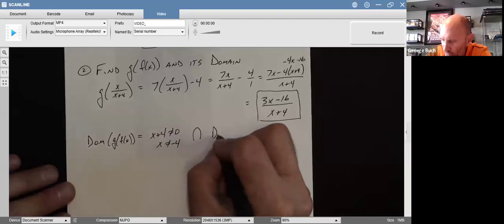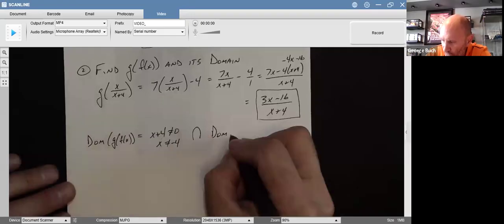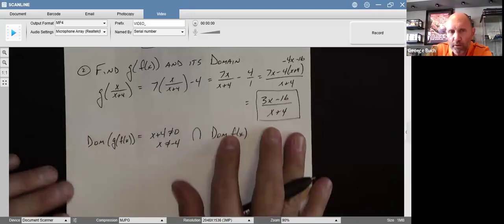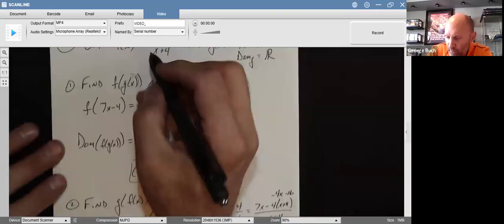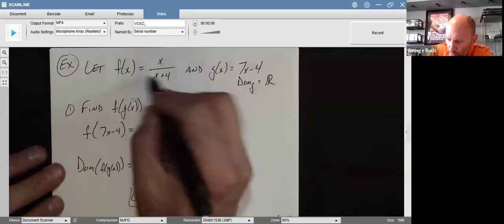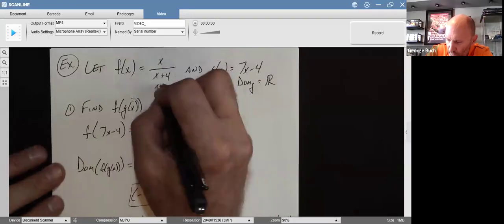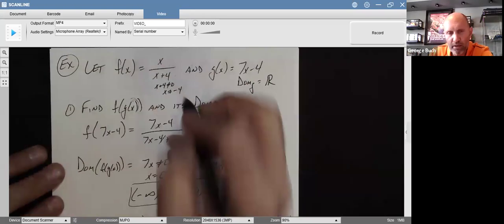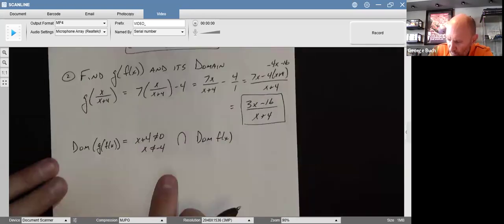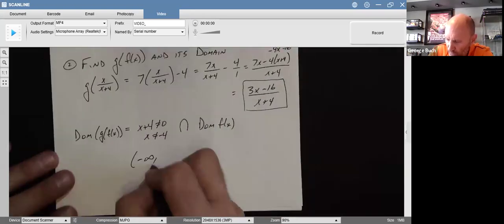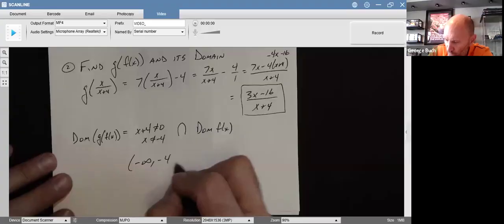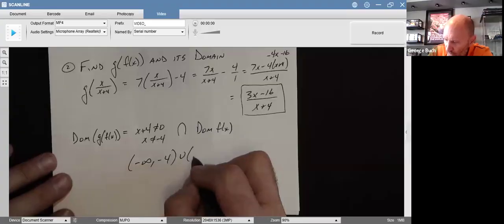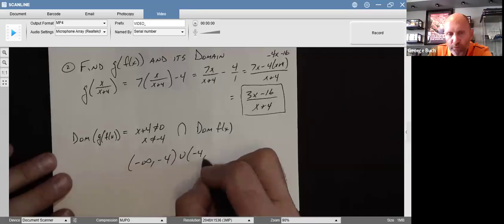The domain of the inside function, so the domain of f of x. So if I go back up here and look, domain of f of x is what? x plus 4 cannot be 0, so x cannot be negative 4. So it's x cannot be negative 4 in both cases, which would be what? Negative infinity to negative 4 union negative 4 to infinity.